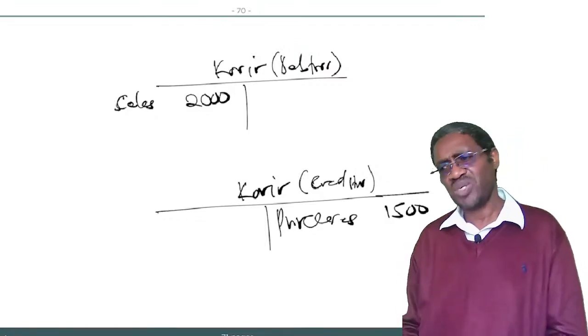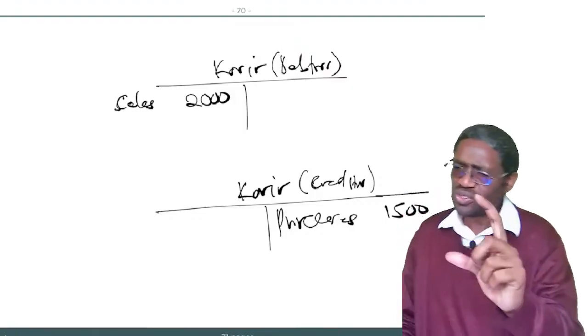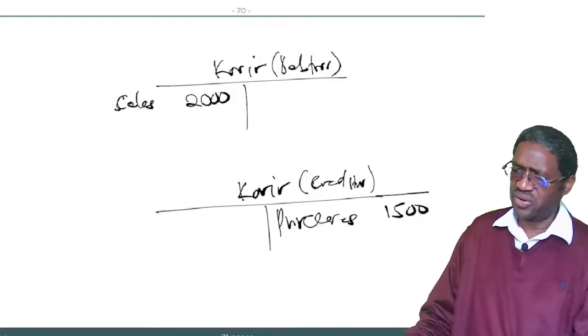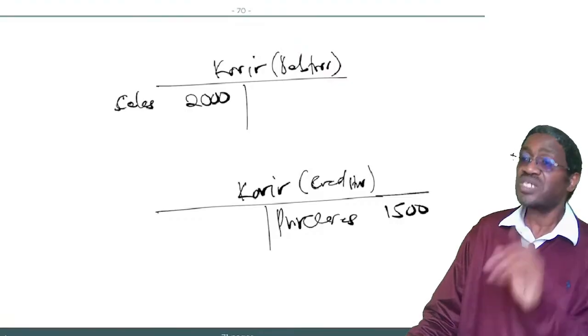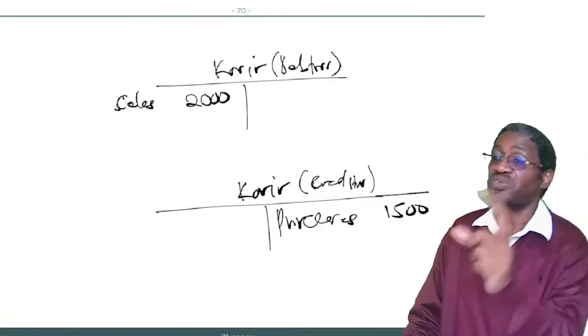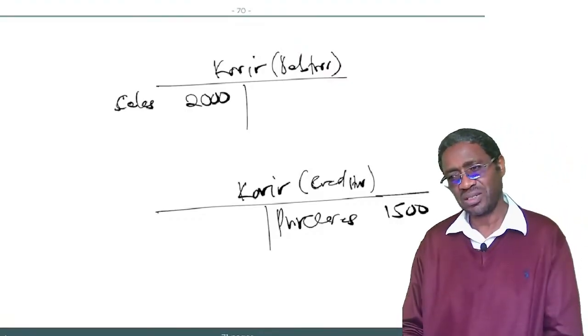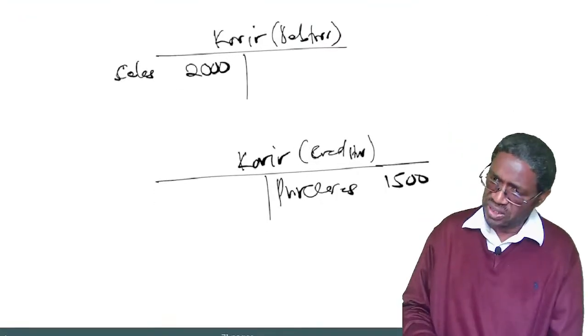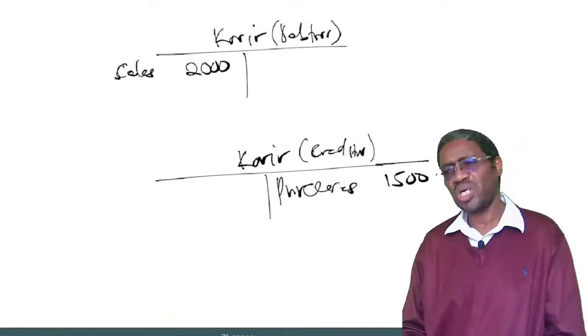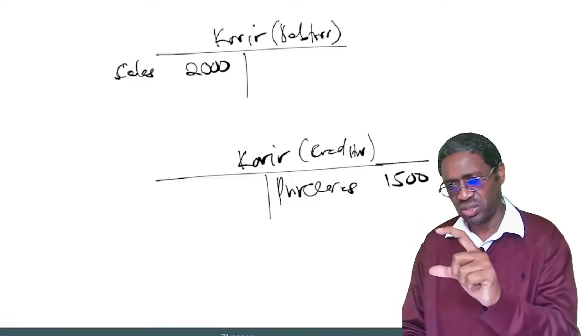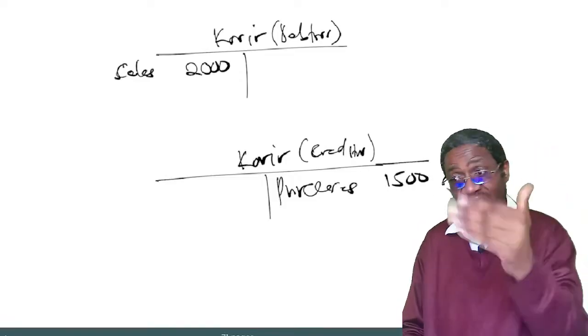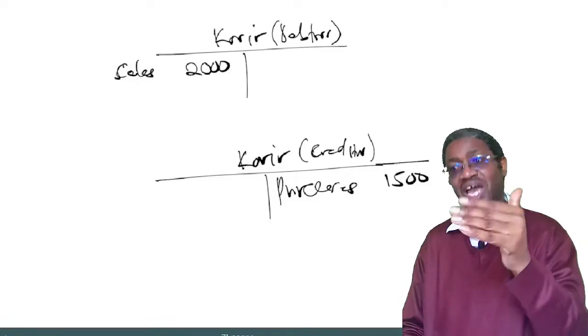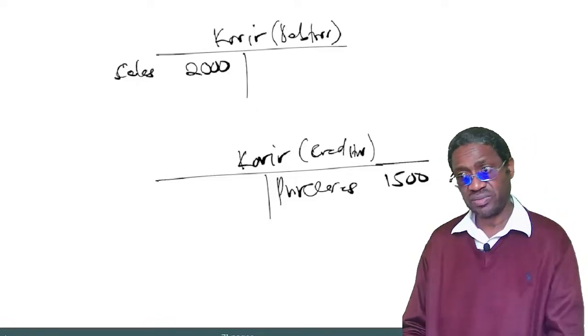So in other words, we are saying, whenever one person is a debtor and at the same time a creditor, you offset the two balances. Listen, how do you offset? By doing what we call a contra entry between Coril as a debtor and Coril as a creditor.